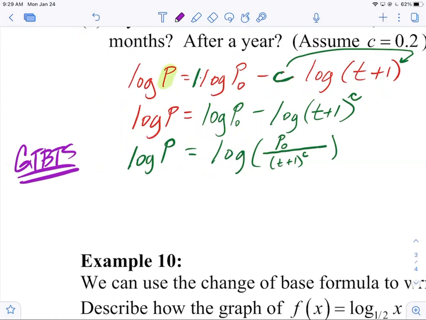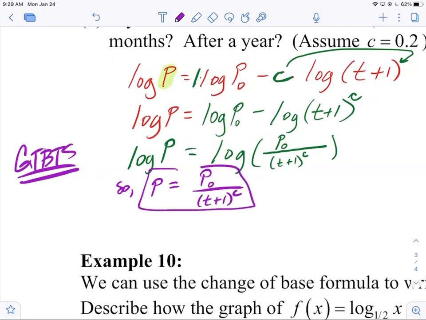Which says when the bases are the same, you can equate the exponents. Well, logs are exponents, so we can here also equate the arguments. So P equals P sub O over T plus 1 to the Cth power. And there it is. I solved for P. I completed the task at hand.